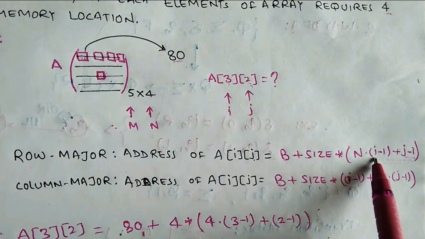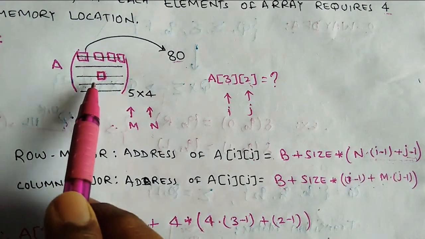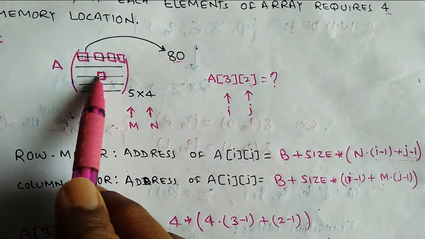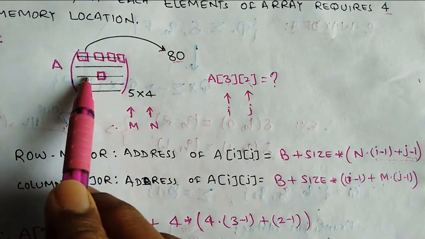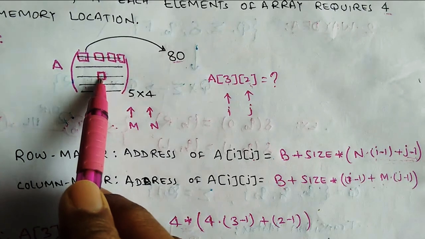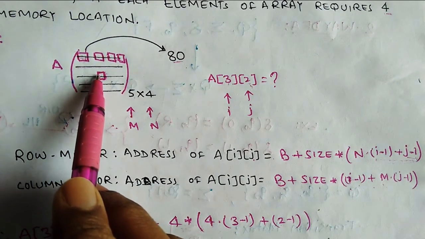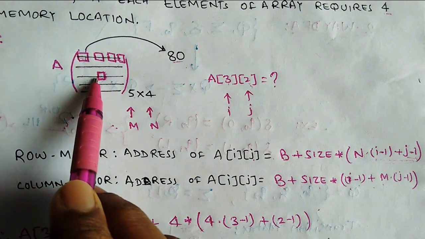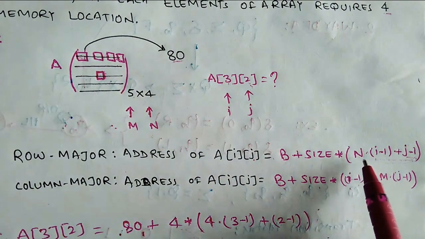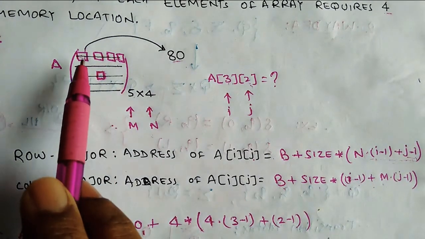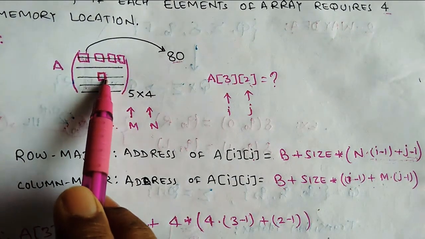That's the reason we have used i minus 1, because before row i you have to access all the elements in the columns, and then j minus 1 elements. j is nothing but the column, so you have to access j minus 1, meaning all items before this item. After that we add this part and this part, and it produces the number of elements before this element.